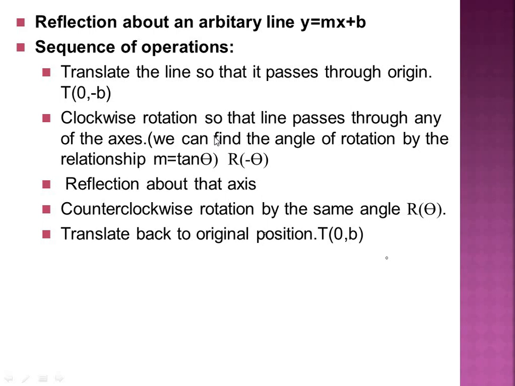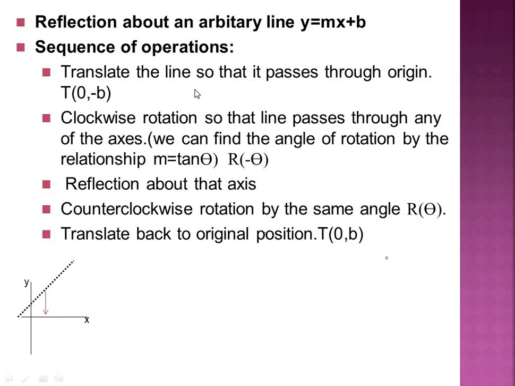How will you find the angle of rotation? For performing clockwise rotation you must know the angle of rotation. We know that the slope of the line m equals tan theta, and from there you can derive the value of theta.